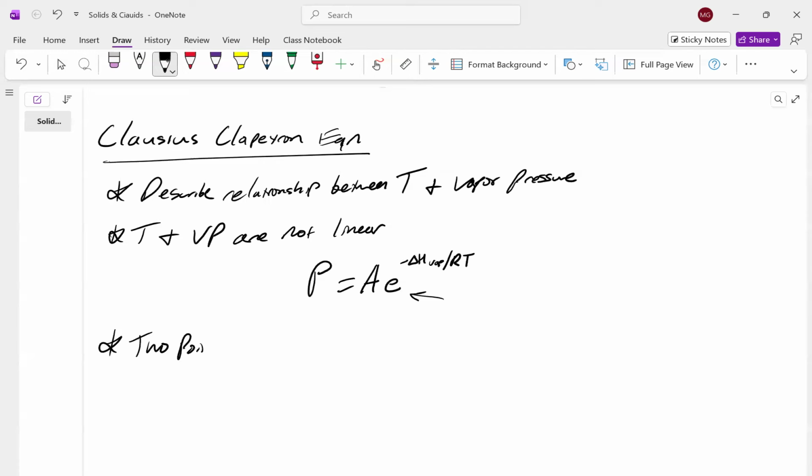It's called the two-point form. This is more useful because we can use 2 points of data to find an unknown.